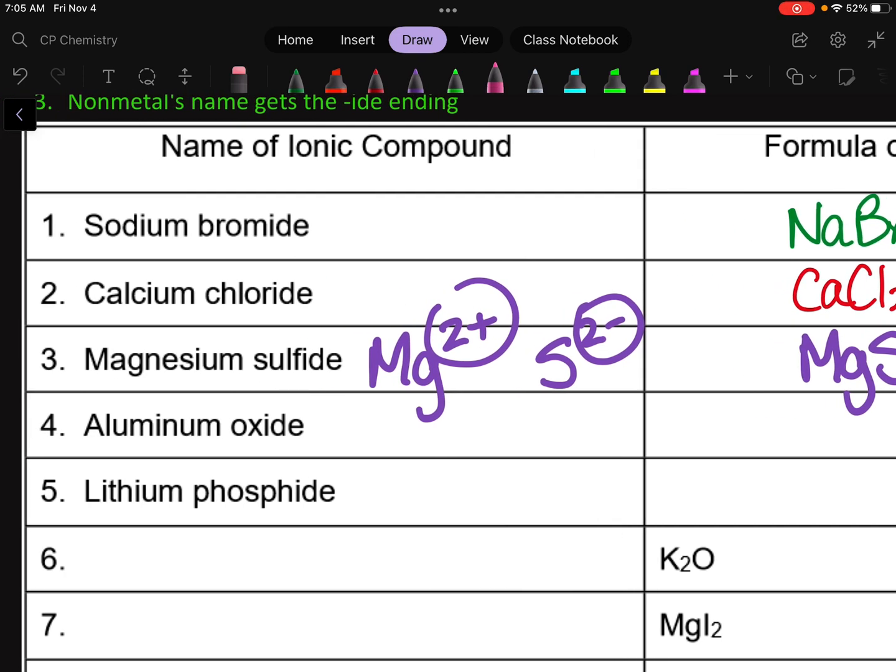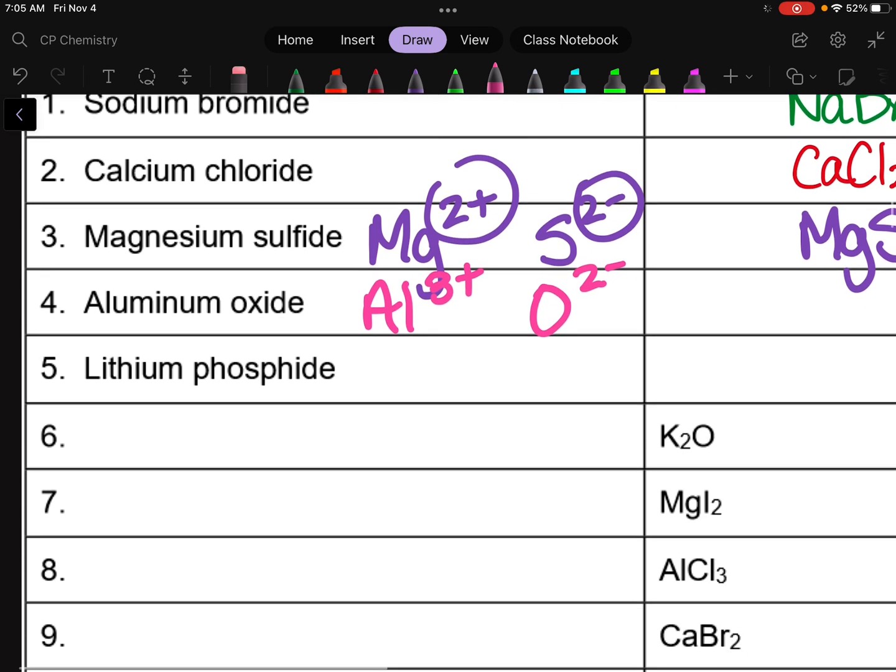Aluminum oxide. Al is in group 13, so it gets a +3. Oxide is an O, and it's in group 16, which gets a -2 charge. And the least common multiple of 3 and 2 is 6.